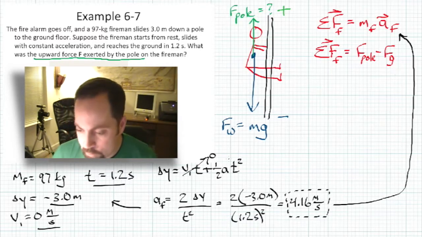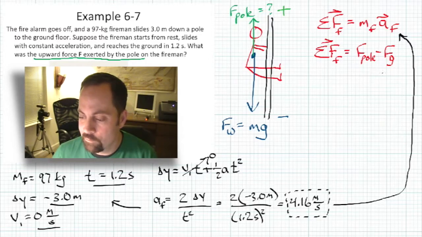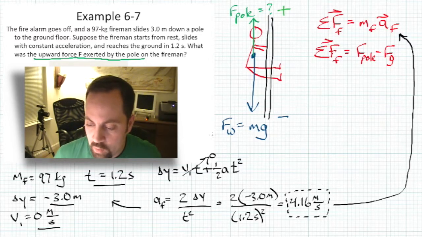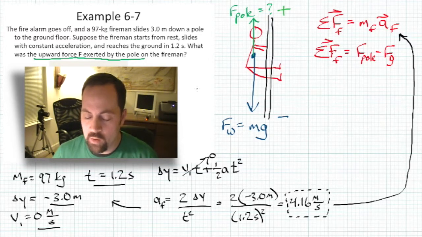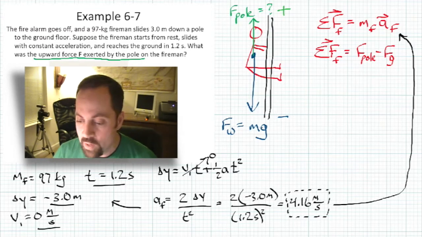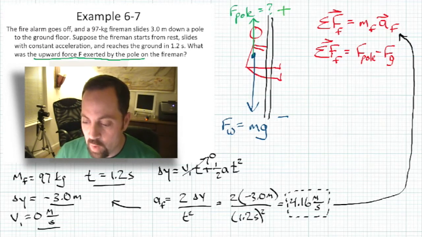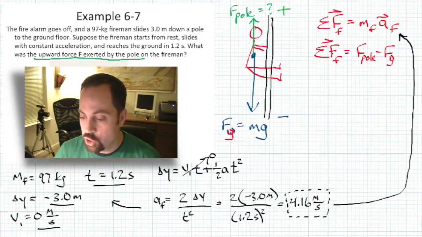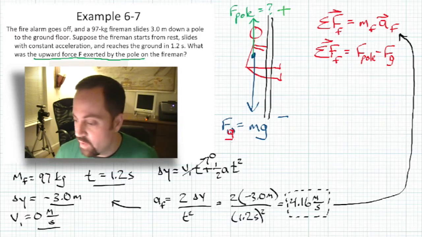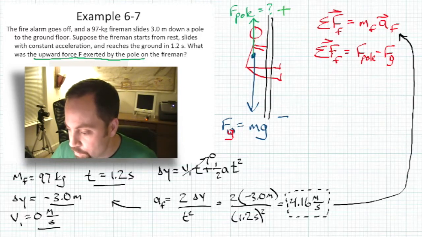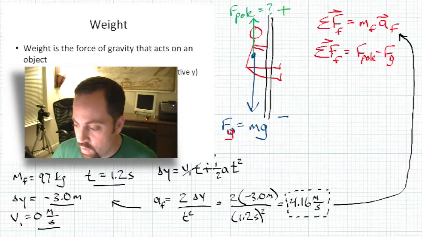Oh, you know what? I'm going to be notating gravity, the weight, a couple different ways. I wrote it as FW, didn't I? I sometimes write it as FW, sometimes as FG, force due to gravity. I think I did that on the previous slide. Yep, FG.